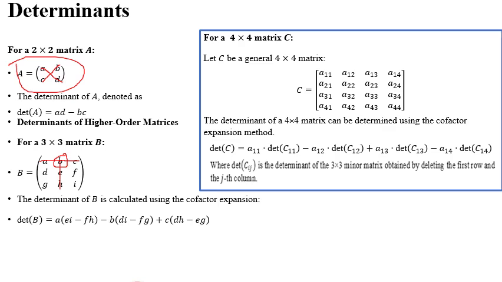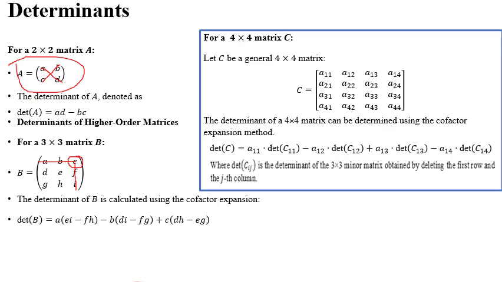And the third thing you do, you do the same for the third element in the first row. This time around, you also just alternate the sign, positive, negative. This time around, we'll be dealing with the positive sign. So you write down the third element C, then covering the column and the row relative to this element C, you will be left with a 2 by 2 matrix form.